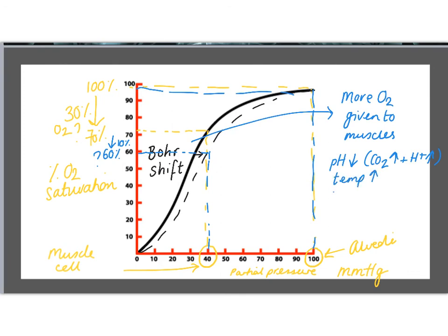So that shift to the right is caused by pH and temperature. That shift to the right then means that the body more readily gives up oxygen. And we know this because 10% more has disappeared into that muscle cell. So the line moving shows that oxygen is more readily dissociated from hemoglobin. I hope that makes sense.